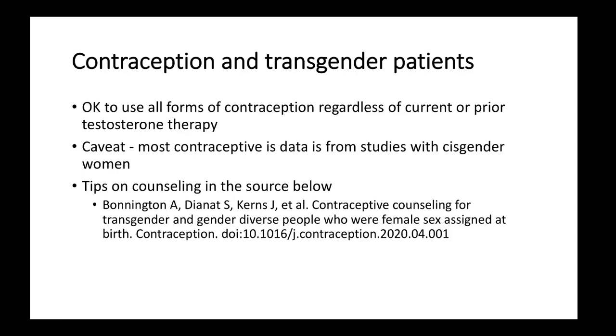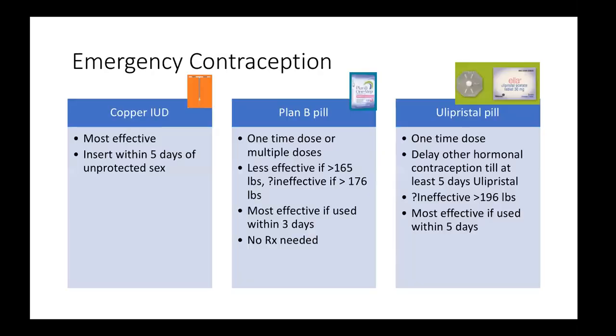And the caveat here with this data is also that most contraceptive data that's out there is from studies with cisgender women. And so I think there's a growing body of literature probably, but at this point there's still not very much. And I have the source that talks about this listed on the slide as well.